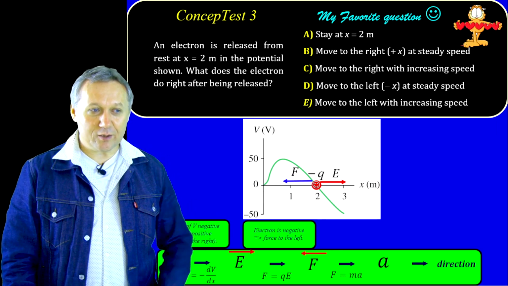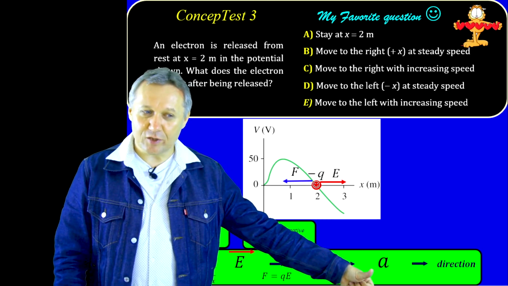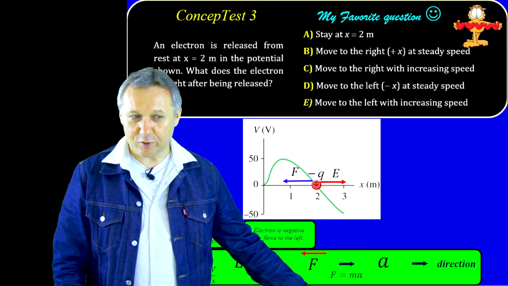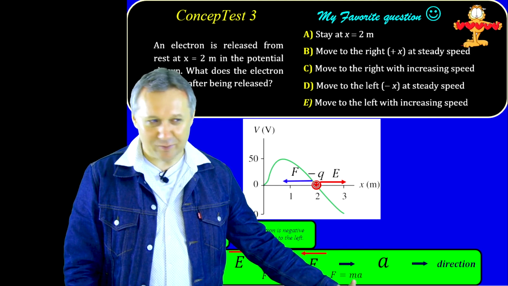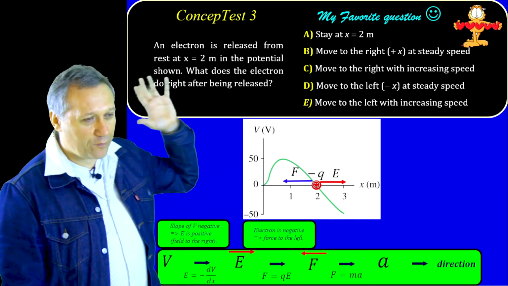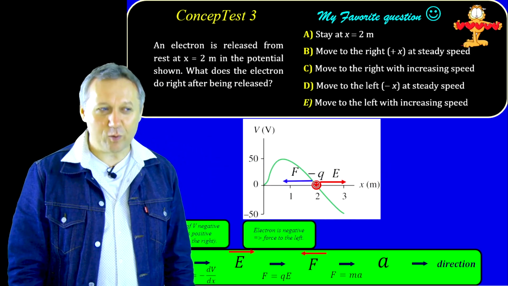The next step, to get information about acceleration, is to use Newton's second law. Since mass can only be positive, never negative, the direction of force and the direction of acceleration are exactly the same all the time.